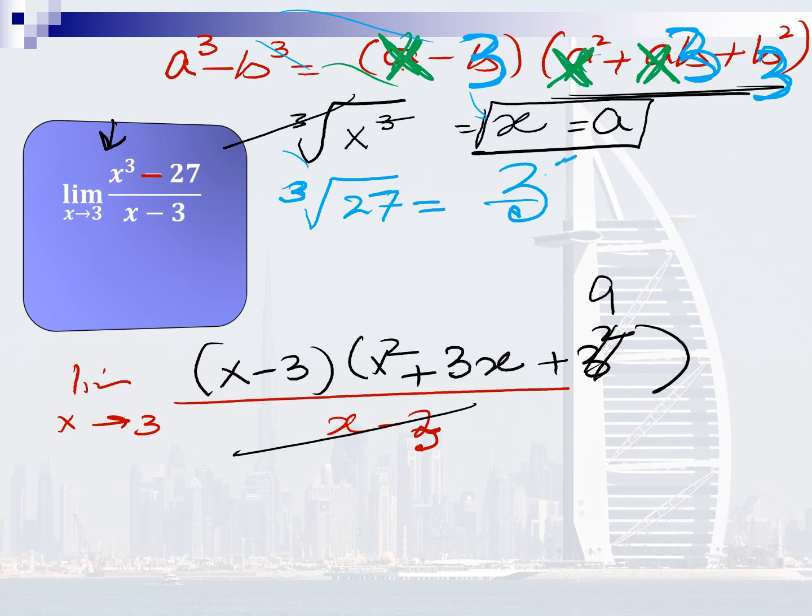Why did we do this? To cancel out these two things. Now apply the limit, so replace x by 3. 3 square plus 3 times 3 plus 9. So 9 plus 9 plus 9 gives us what? 9 plus 9 is 18, 18 plus 9 is 27.